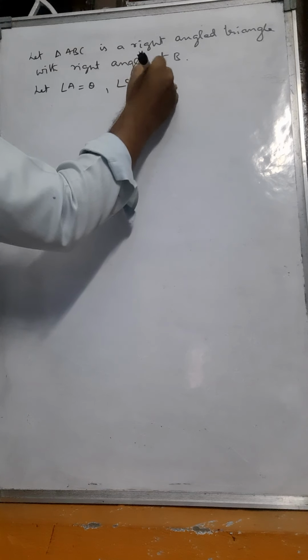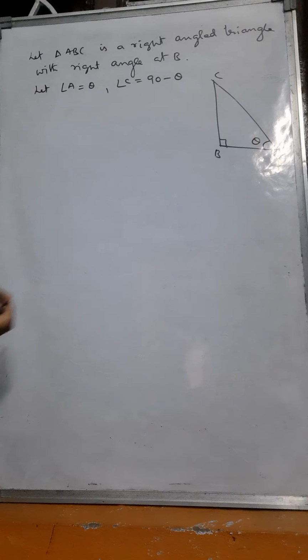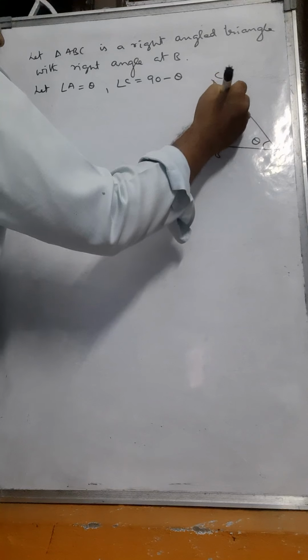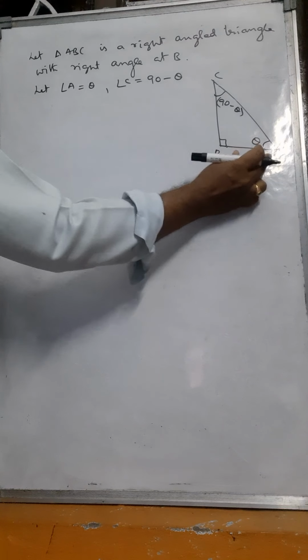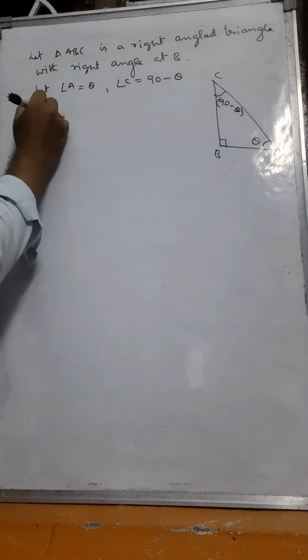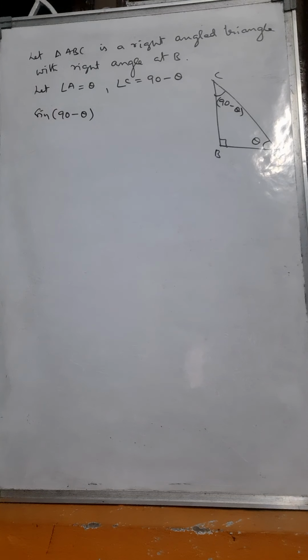From that angle C is equal to 90 minus theta. So here it is a triangle. Here C, it is A, it is B. So if you are taking angle A is equal to theta, then automatically angle C is equal to 90 minus theta.